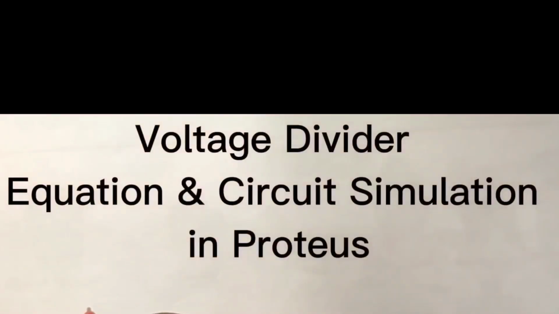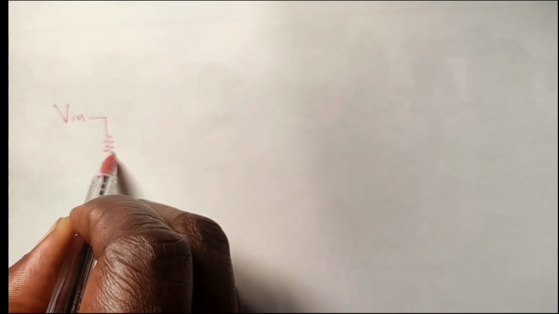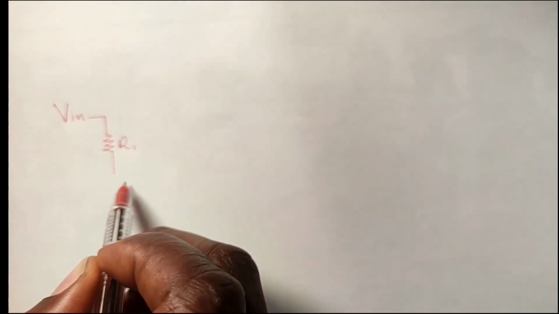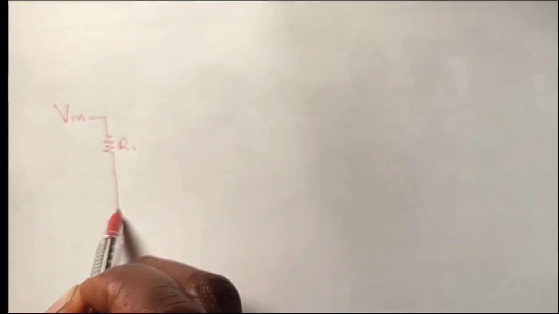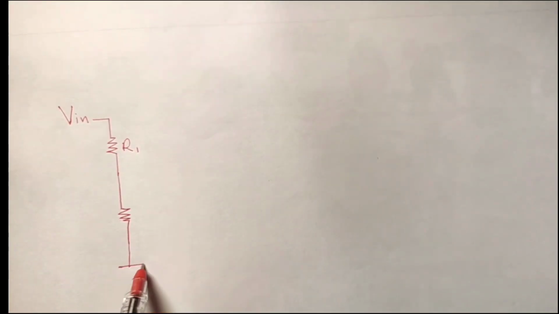The voltage divider involves applying a voltage source across a series of two resistors. It is drawn in a few different ways, but they should always essentially be the same circuit. In the first representation, you will have V in going down to a resistor called R1, then extending to another resistor called R2, then to the ground.